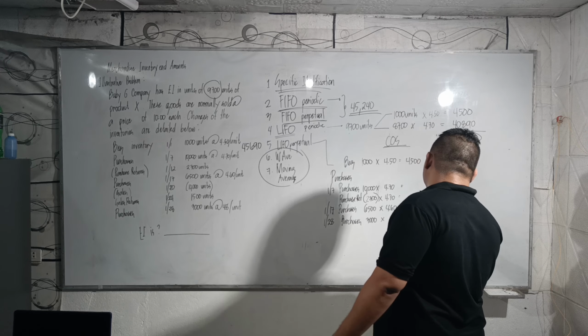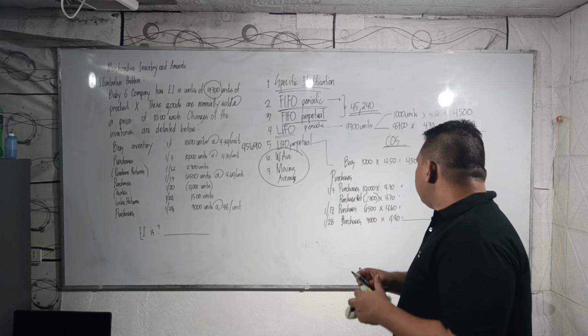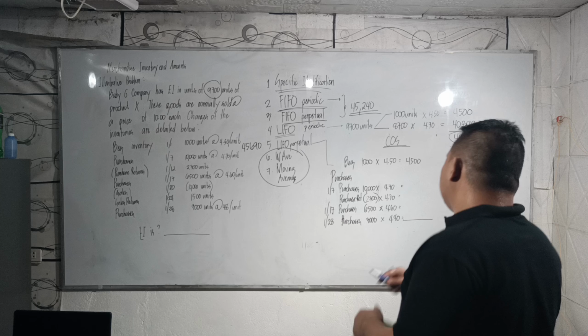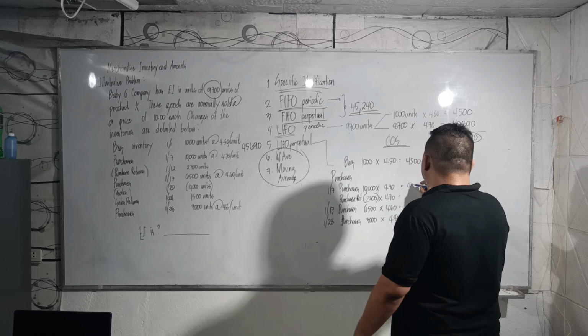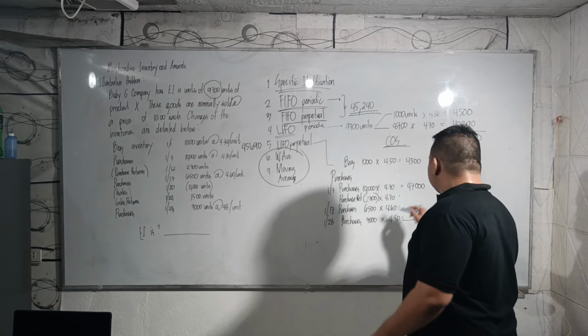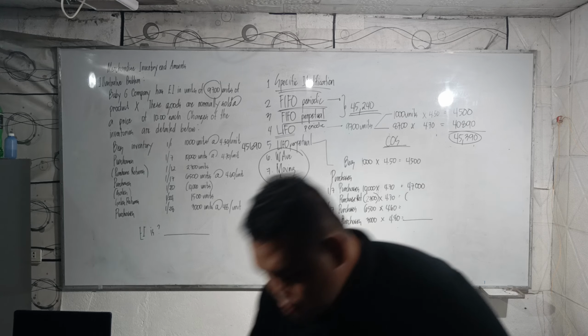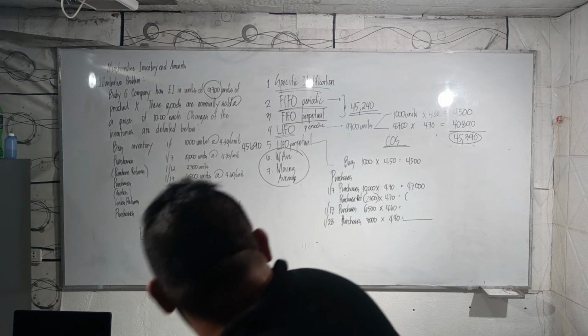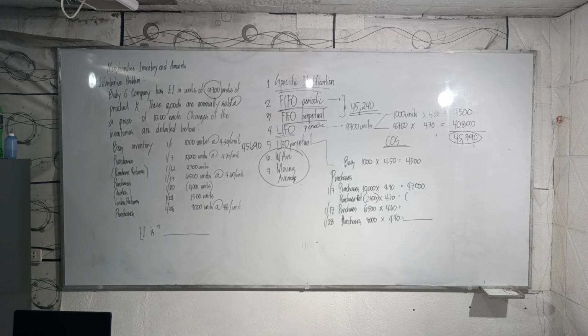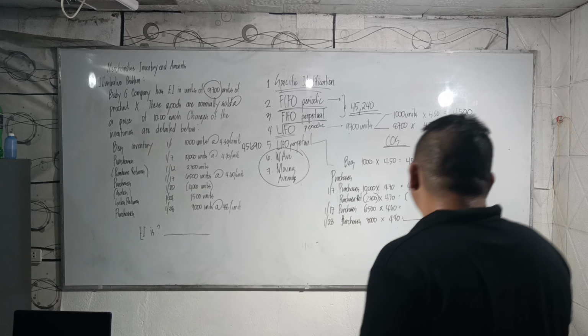So, let's solve. 10,000 times 4.7 is 47,000. 2,300 times 4.7 equals 10,810.